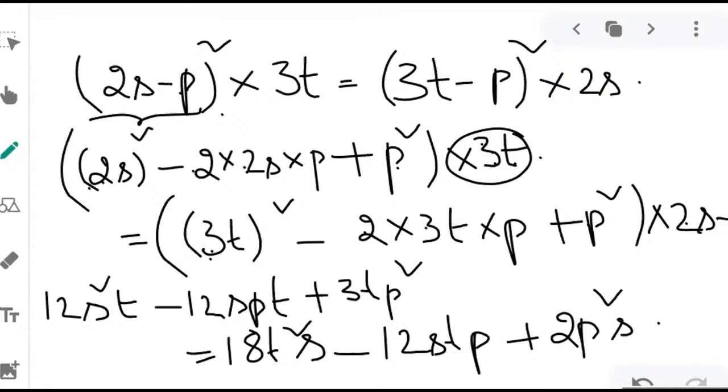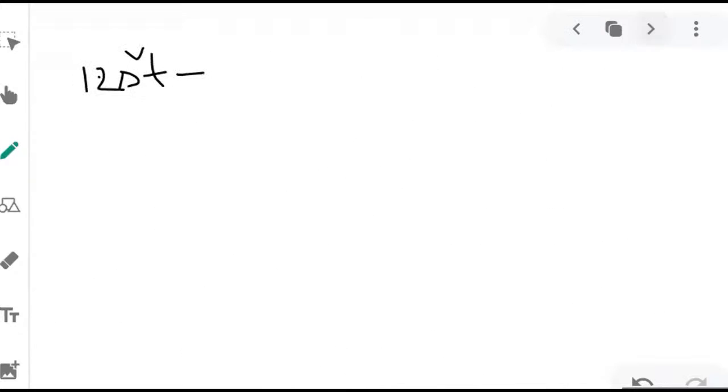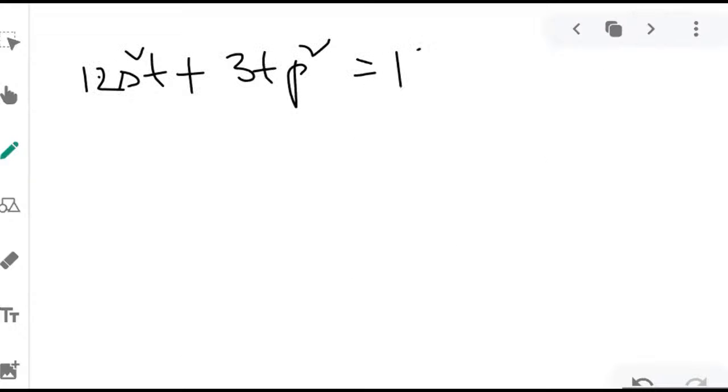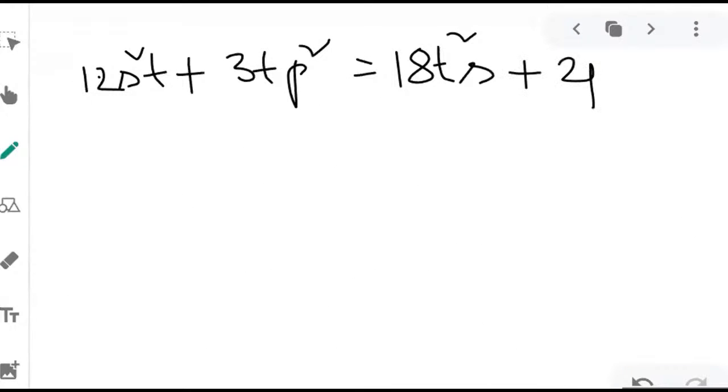Minus 12spt, stp, same thing. So 12s square t plus 3tp square is equal to 18t square s plus 2p square s.